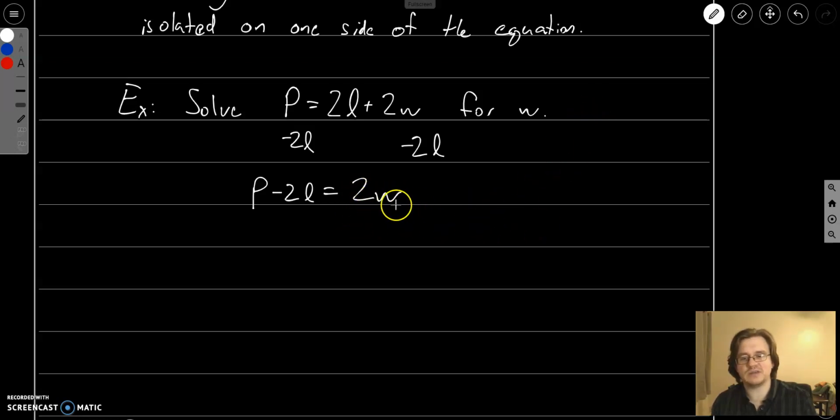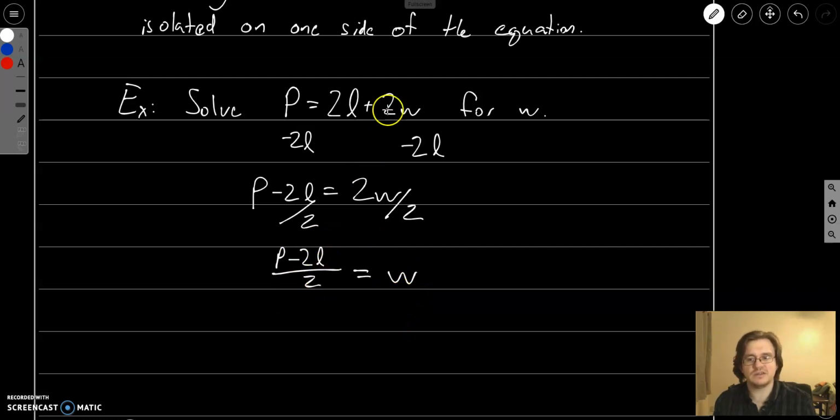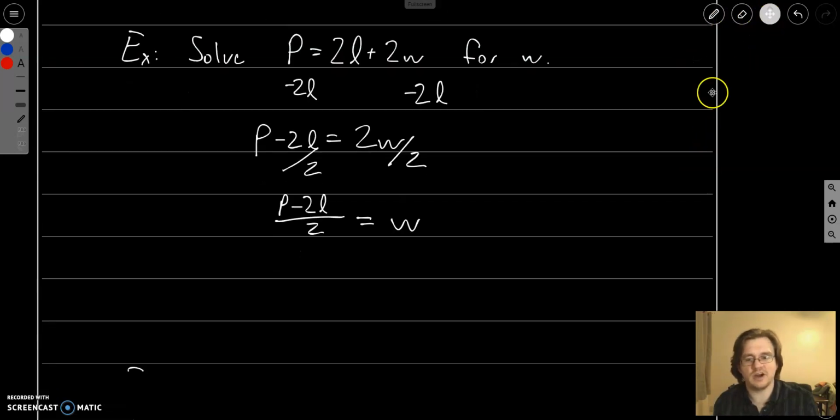Next, I have 2 times W. I don't want 2 times W. I just want W. So I'll divide both sides by 2, and I'll get (P minus 2L) divided by 2 is equal to W. Notice I have W by itself on one side of the equation, so therefore I have solved this formula for W. Now, if I knew what P and L were, I could just plug them in and get W without having to do much rearranging. This is the power of solving for a variable.